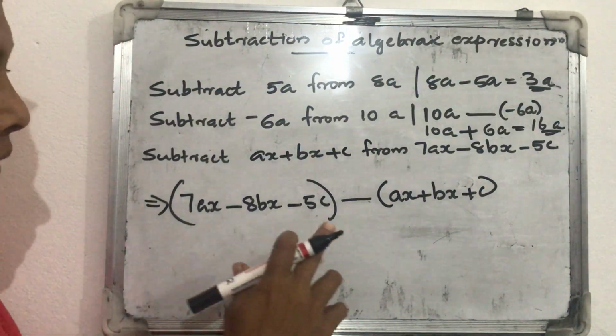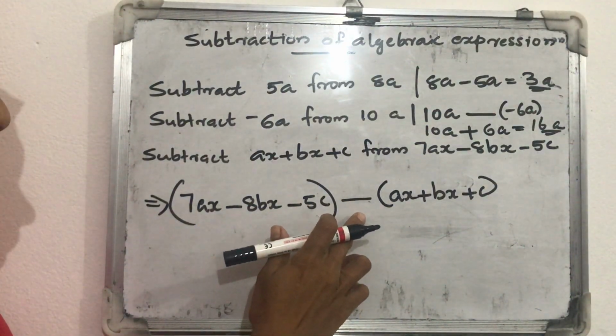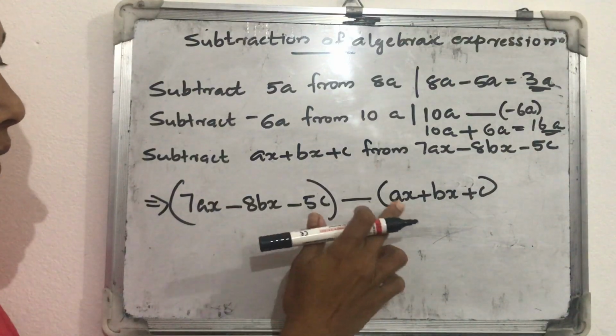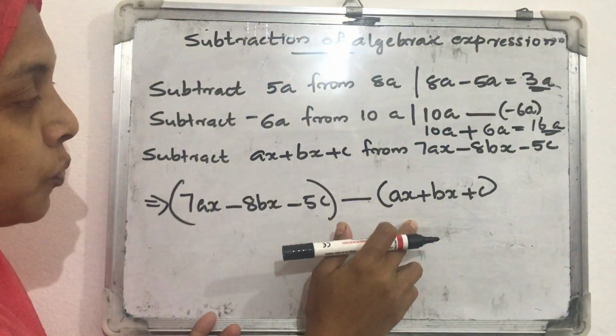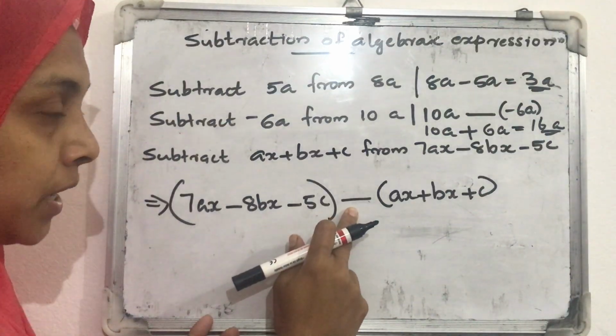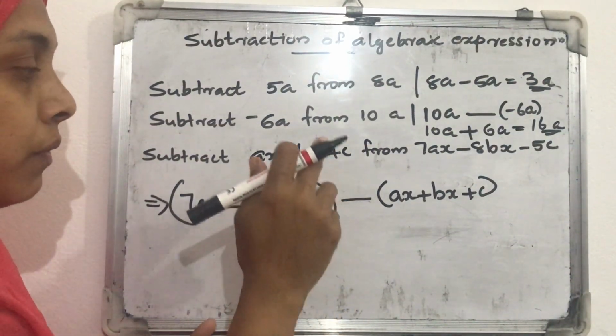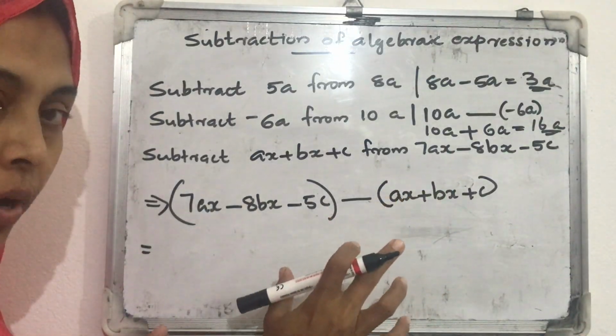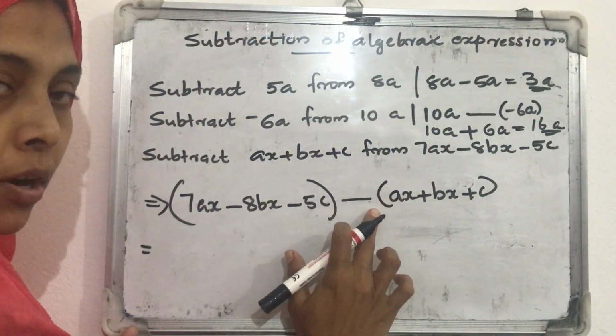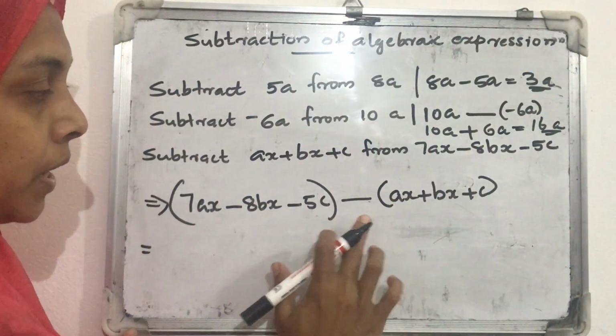Now look, in a subtraction question like this, if the sign before the second algebraic expression is negative, we want to open the brackets. For simplification, we want to open both brackets.